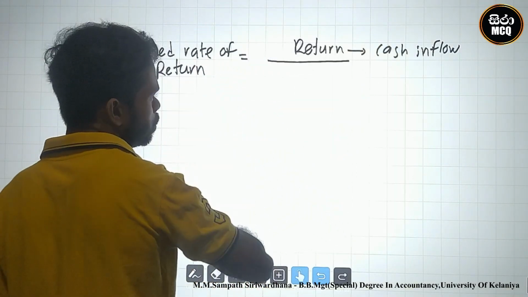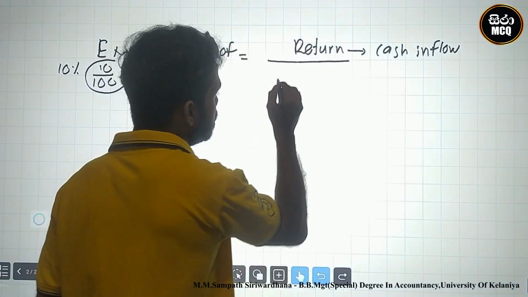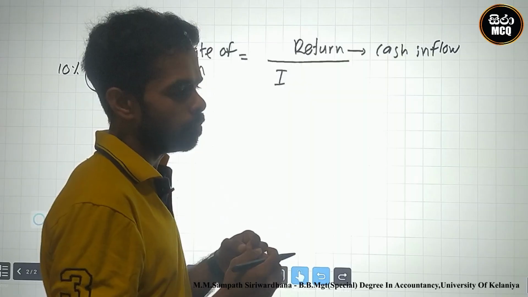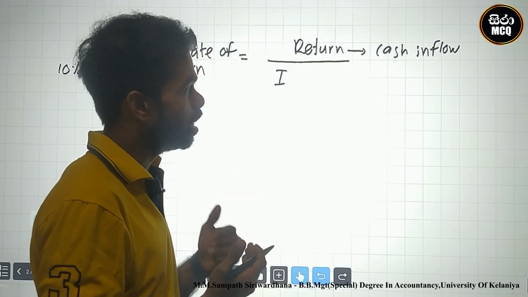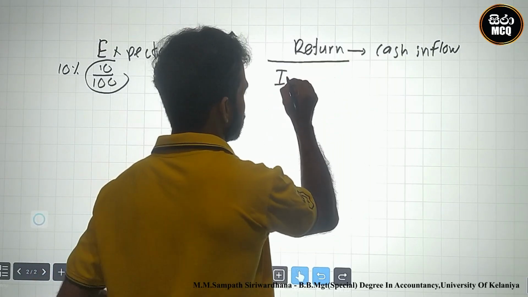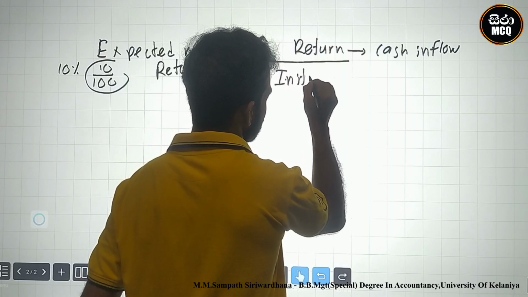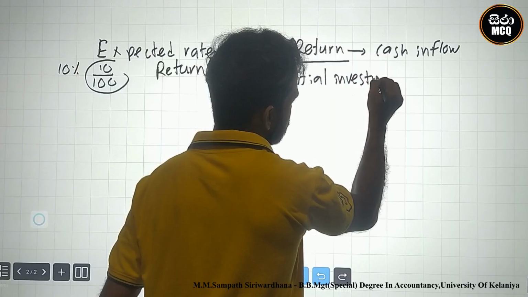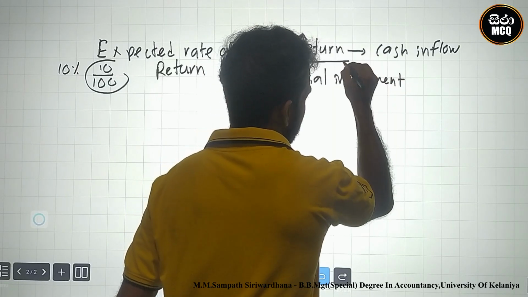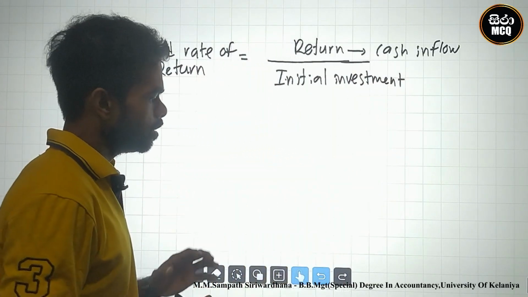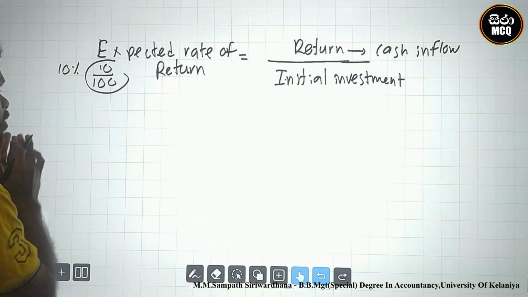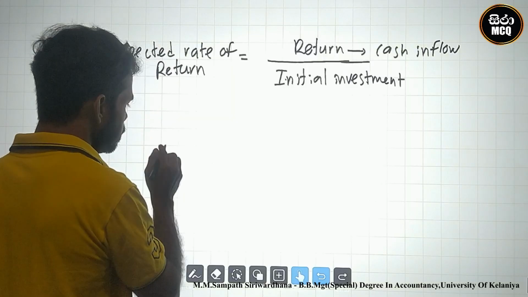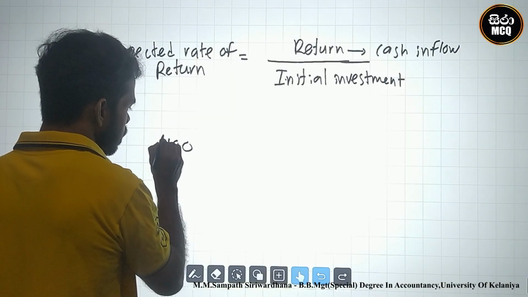The expected rate of return is for what? The initial investment. There is some initial investment, a cost we incurred for the project. After that, we receive cash inflows as returns. I will tell you the meaning of the expected rate of return. 10% means this.